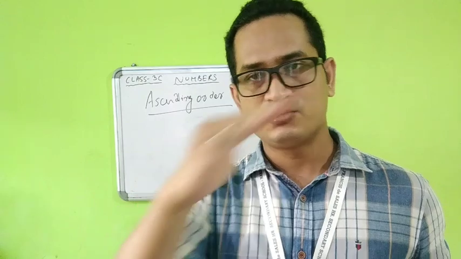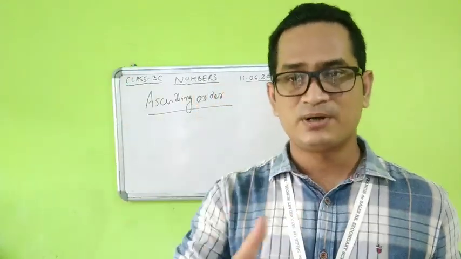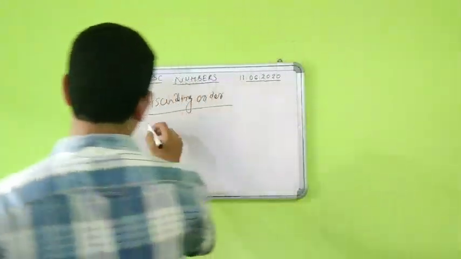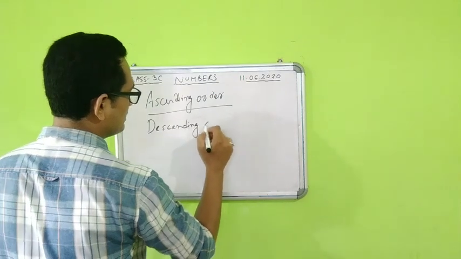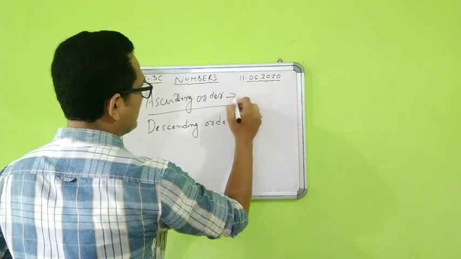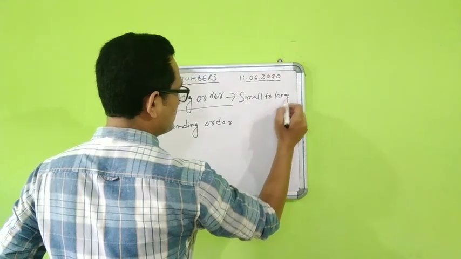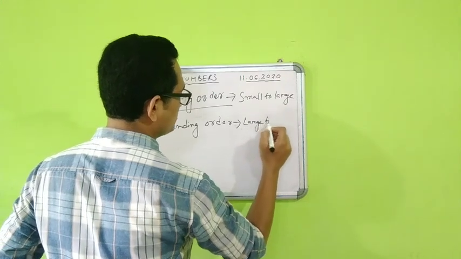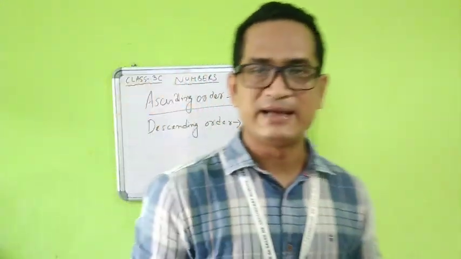That is called the ascending. Then descending is what? Larger to smaller. That is called the descending. So we will have two types of arrangement here. Ascending is small to large, and descending means it is large to small.